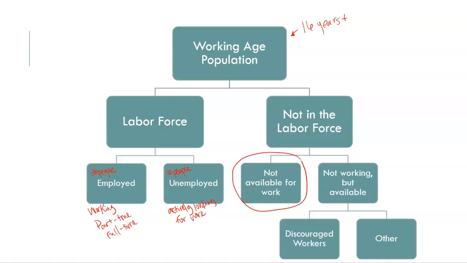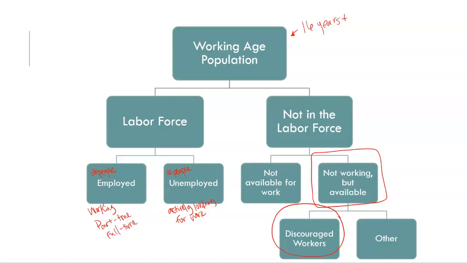We also have some people who are not in the labor force that aren't working, but actually are available to work and possibly would like to have a job. The first category is going to be discouraged workers. This is people who have given up actively looking for work. So they may have been accounted for in the unemployment numbers for several months, several years, for a long time, maybe a short time, but they've given up actively looking for work.